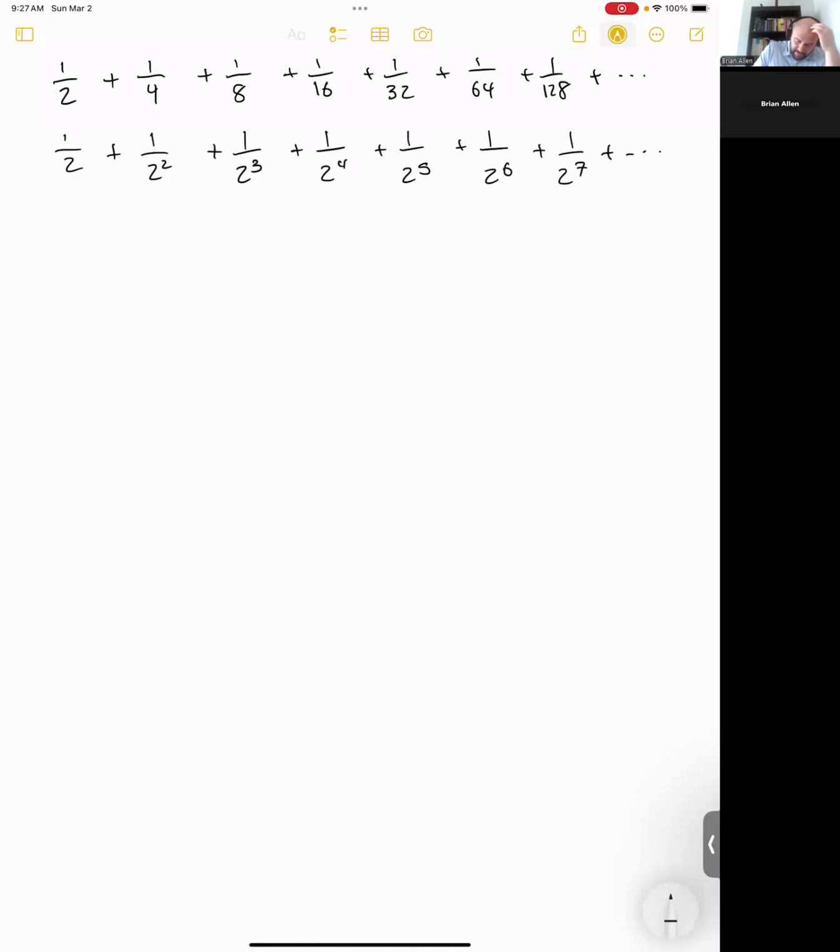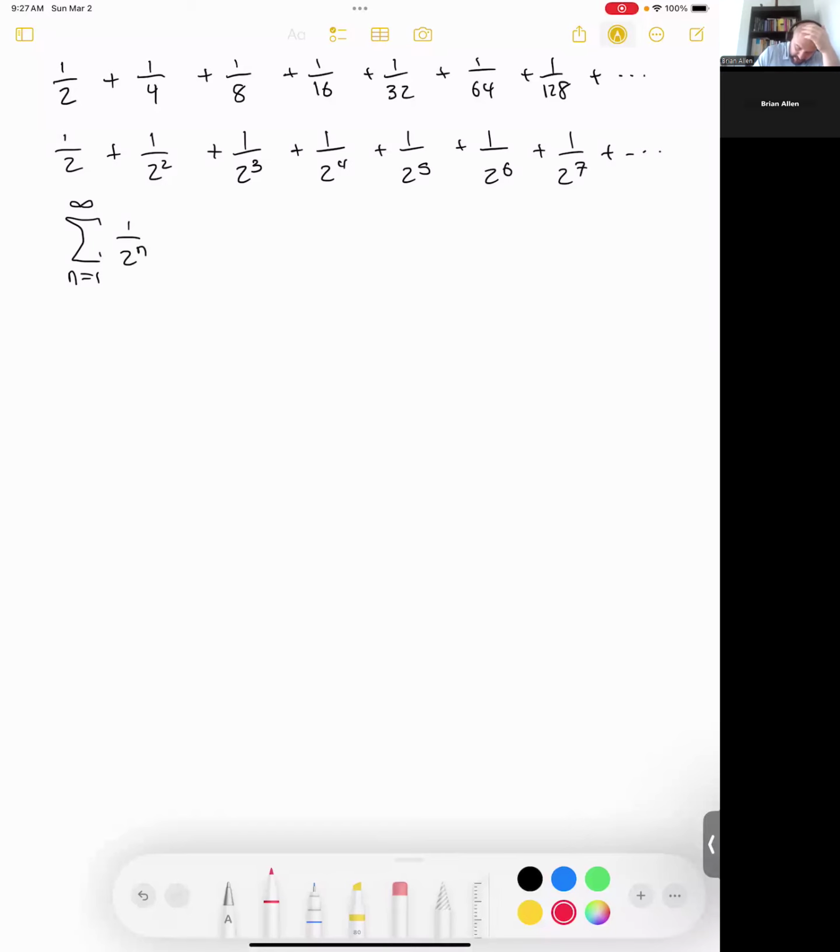And so in mathematics, we often will introduce some notation for this. So we use this big sigma for infinite sums. We start at n equals 1 to infinity, and we're summing 1 over 2 to the n. And so what the notation says is that you start at n equals 1, which is what I would say is going on right here, and look at 1 over 2 to the n.